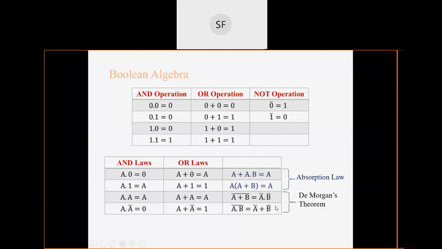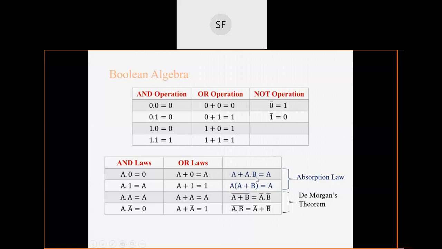Actually, minimization using Boolean algebra is not in your syllabus, but minimization using K-map is in your syllabus, right? So these are just basics regarding Boolean algebra. You should know all these. Very simple thing.